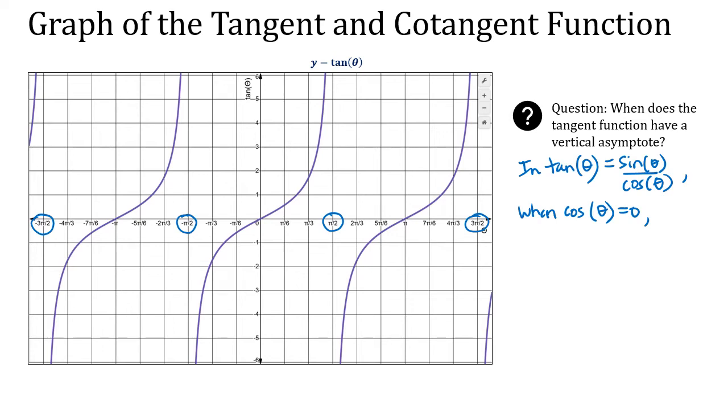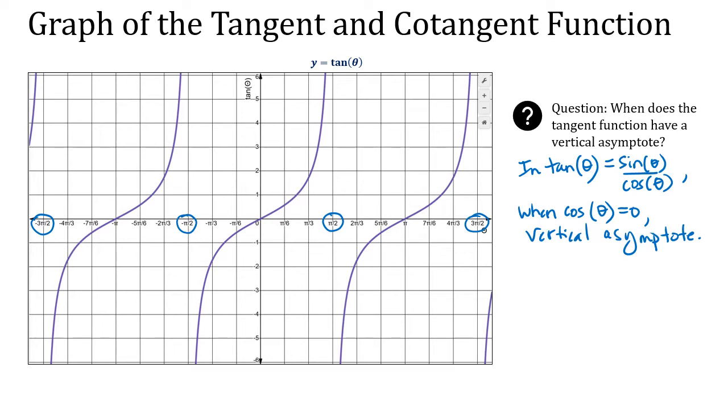So to answer the question, when does the tangent function have a vertical asymptote? Well, the tangent function has a vertical asymptote when its denominator is equal to 0. So in the tangent of theta equals sine over cosine, when the cosine of theta is equal to 0, we will have a vertical asymptote. And again, that is because we cannot divide by 0. So when you have 0 in your denominator, that's when you get something undefined.